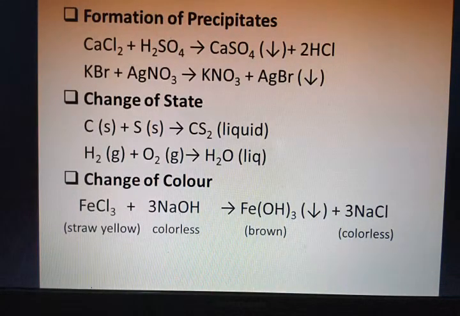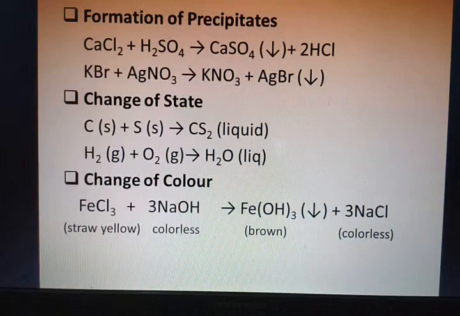So ferric chloride plus sodium hydroxide gives ferric hydroxide plus sodium chloride. FeCl3 is a straw yellow color, and sodium hydroxide is colorless. When they react together, they give a ferric hydroxide precipitate, which is a brown color precipitate, and sodium chloride.